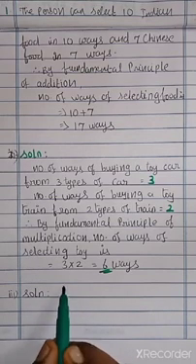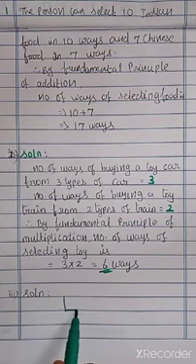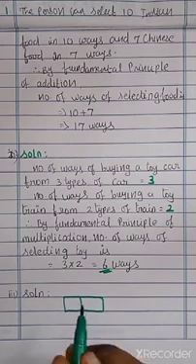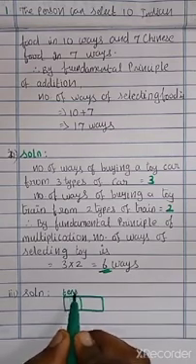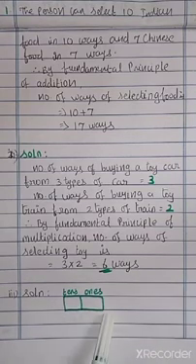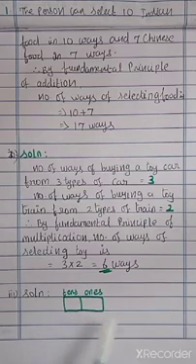So a 2-digit number has a tens place and a ones place, correct? And what condition is given? Without repetition of digit. Suppose you put 5 here, you should not put 5 here again. That is, without repetition of digit.